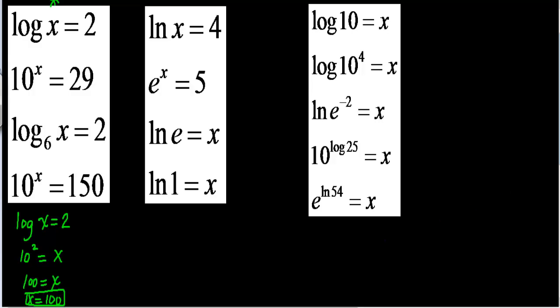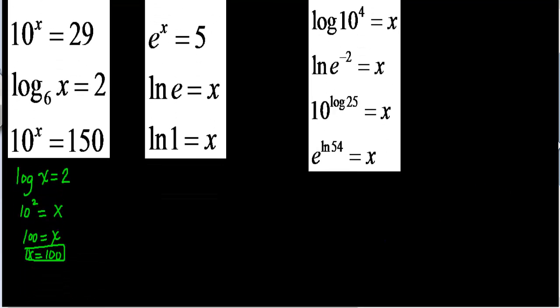Okay? Let's do the second one. Number 2 says 10 to the x power equals 29. I don't know what I have to raise 10 to get 29, so I'm going to write this as a log. Log, my base is 10, my argument is 29, equals x. Now how do I find what x is?